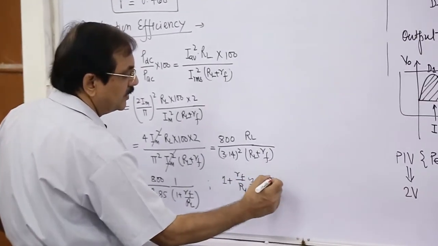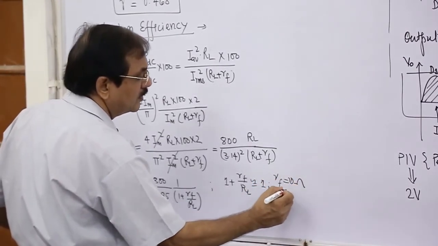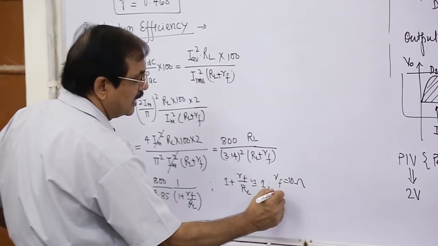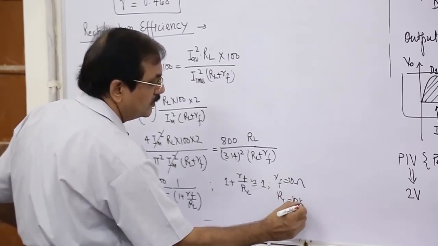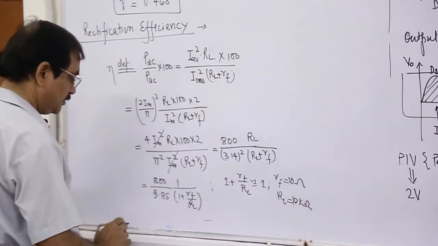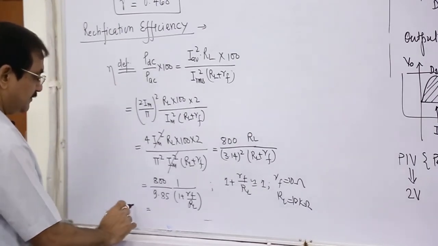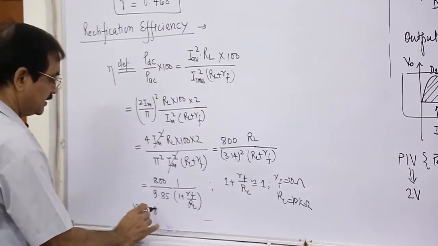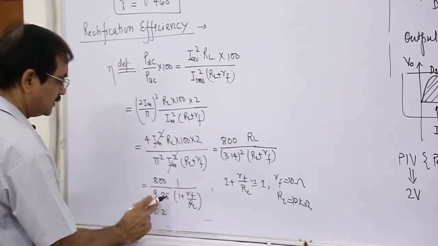Why? Because RF is 10 ohm and RL is 10 kilo ohm. So, this value is 1. So, this efficiency value is 81.2%.